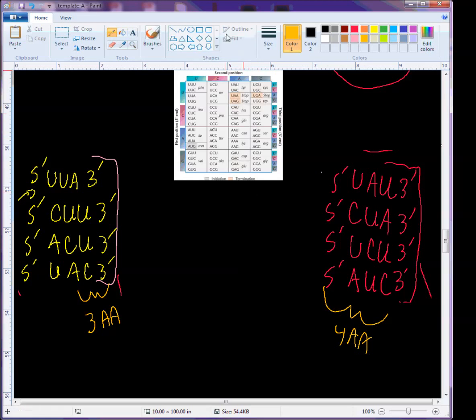So I'm going to look for UUA. Starting here, first position U, second position U, third position A, so UUA is leucine. So this one codes for leucine. This one right here, CUU: first position C, second position U, leucine.